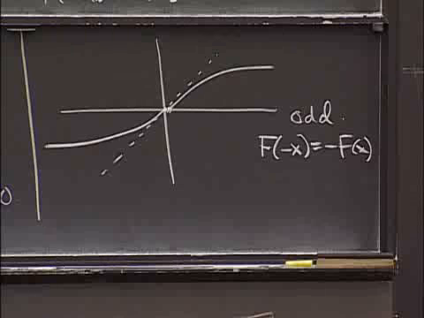Namely, f of minus x is equal to minus f of x. That's what's known as an odd function. Now, the reason why it's odd is that it's the antiderivative of something that's even. This function in here is even, and we nailed it down so that it was 0 at 0.